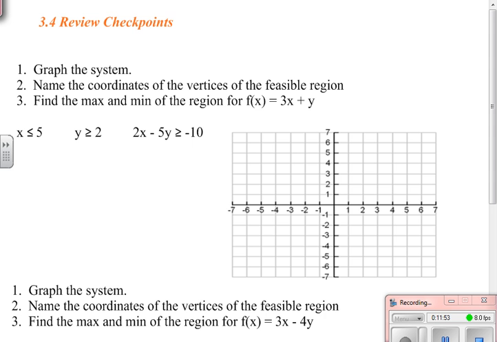Now our last set of examples, we're going to go through and do the graphing in the same way, and then we're going to find the max and the min. So I'm going to go ahead and pause the graphing to save time for the video, because you should be getting pretty proficient with that.